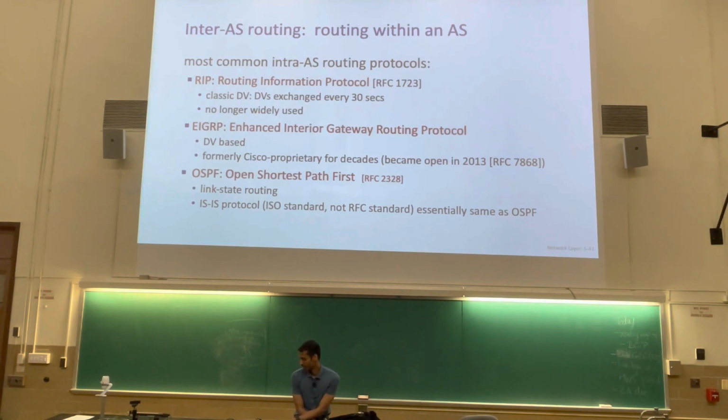It's essentially the same, but it's not an RFC standard, so it's not an open RFC-based routing protocol, but it meets the ISO standard, which is a minimum set of requirements that any of the protocols operating on the internet protocol stack should obey.